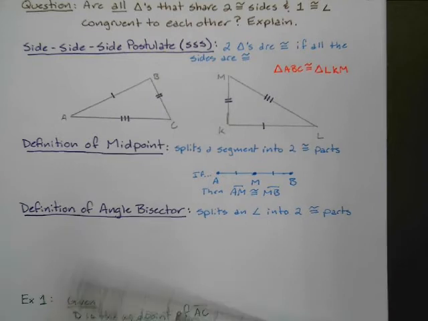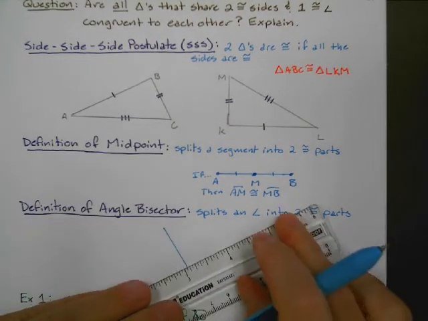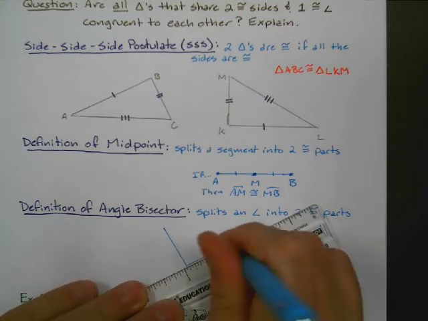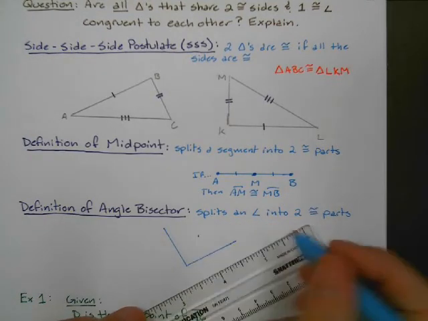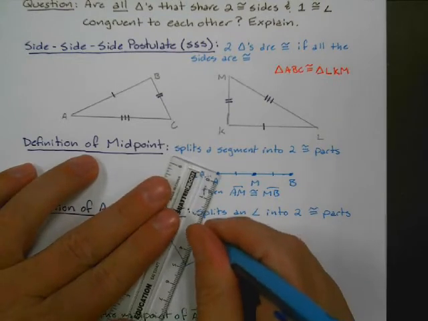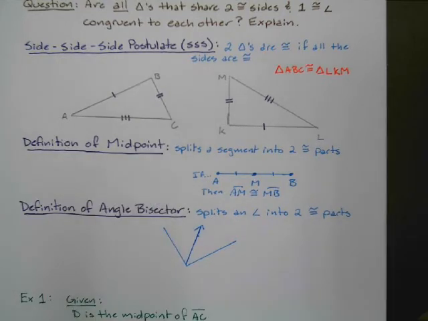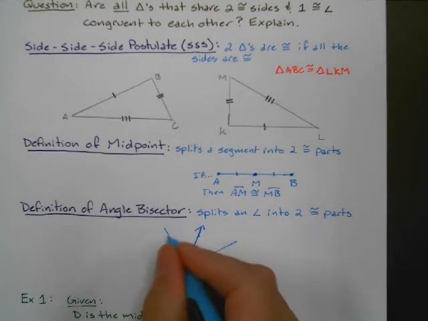So let's make an angle here. That looks about the middle of the angle or so. All right, so I'm going to call my angle ABC.